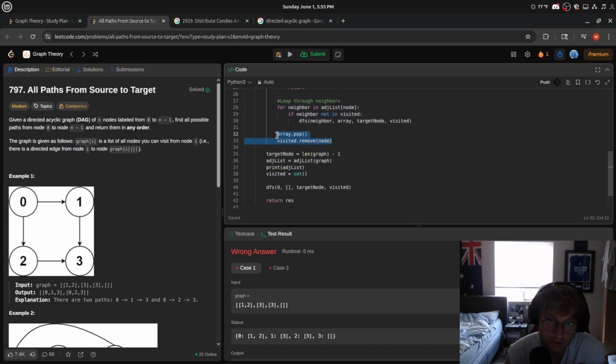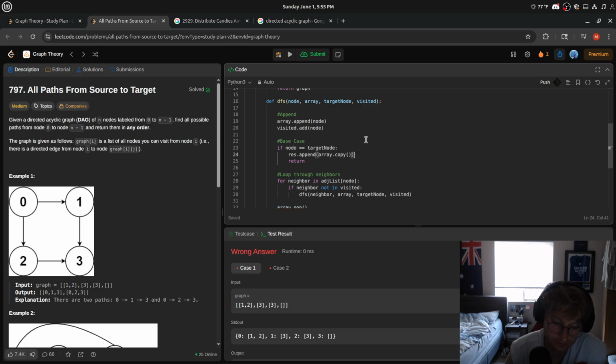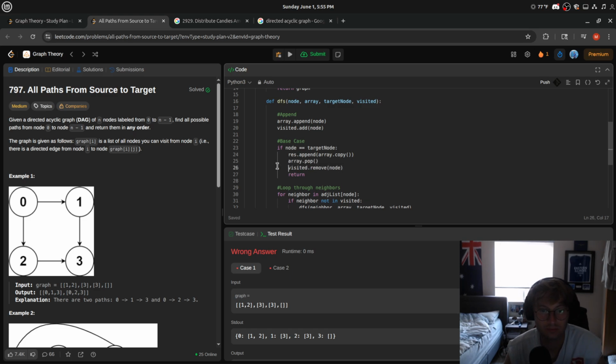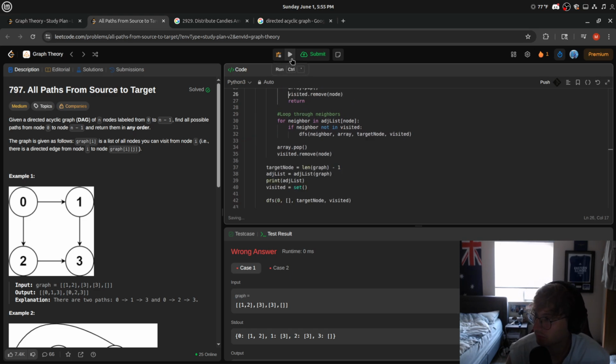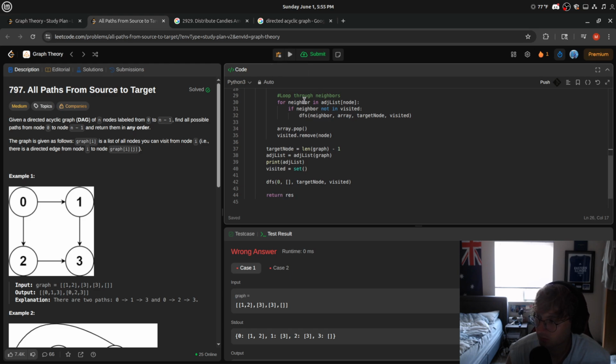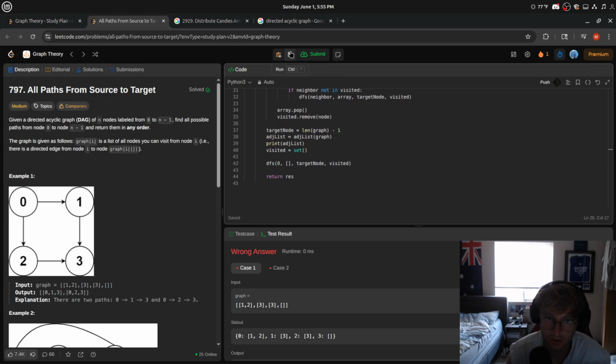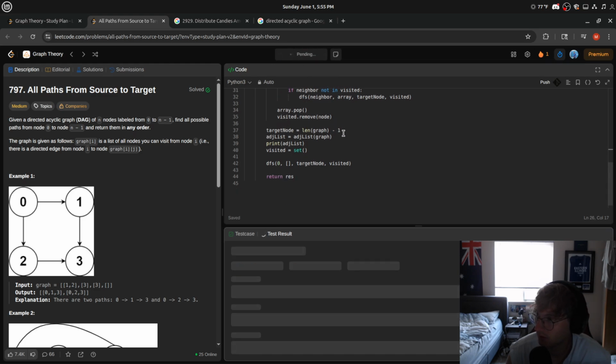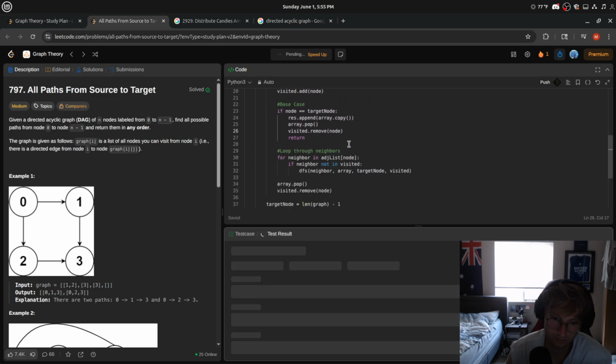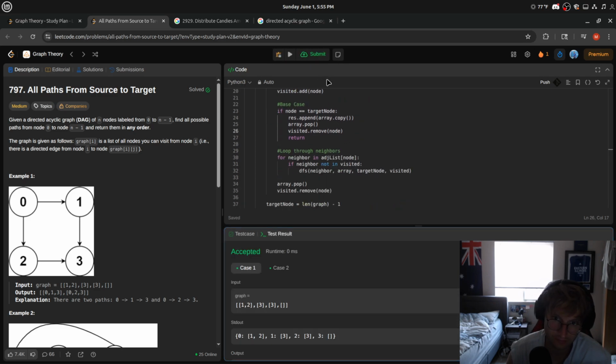So apparently I need to pop here, as well as pop down here. Interesting.